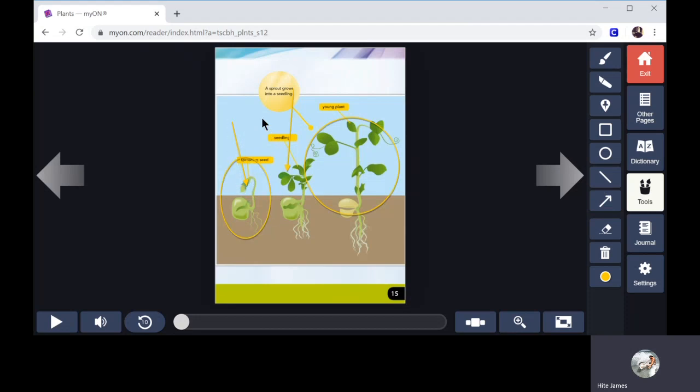I don't. So here's my question. If leaves help make food for the plant, where is this sprouting seed getting its food from? Because there's no leaves on it yet. So how is it growing? Think about that one.